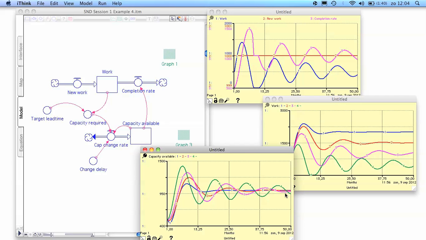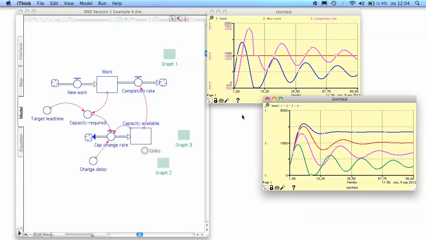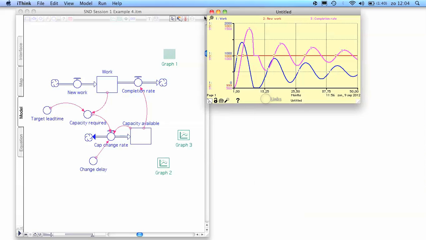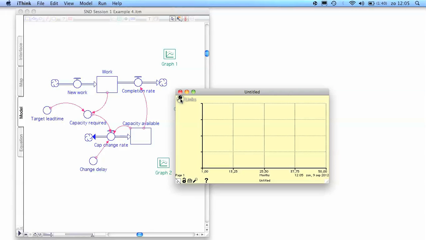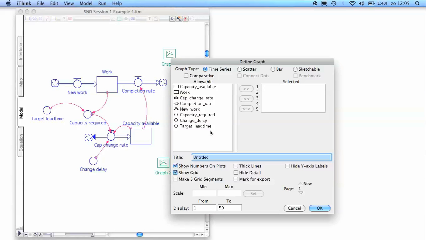Well, for that it's interesting to make another type of graph, one that we don't use so often, but is very illustrative on this point. I'm going to make an XY scatter plot, a comparative scatter plot between capacity available and the amount of work.